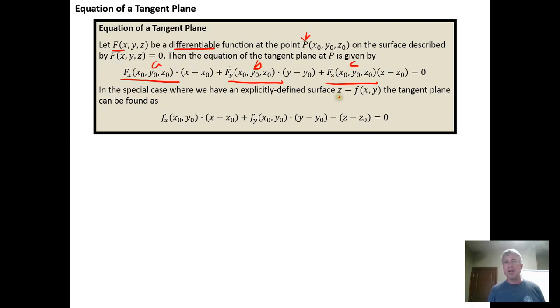And we looked at the special case where z was explicitly defined, where we had z equals f of x, y, and we said that the gradient of f simplifies.